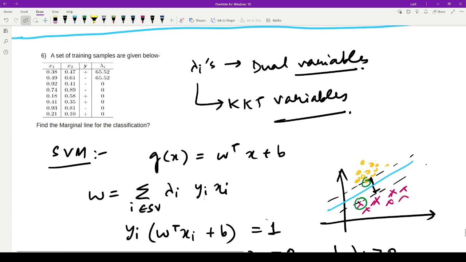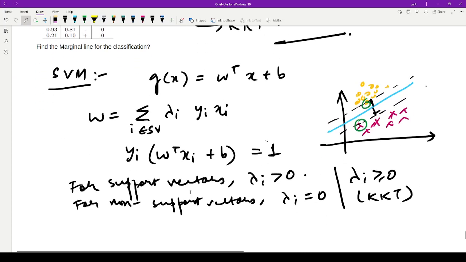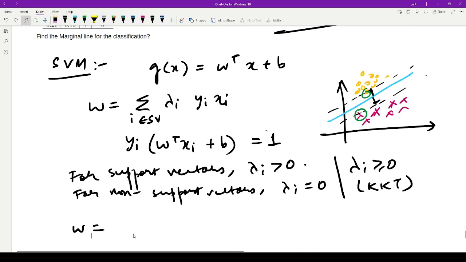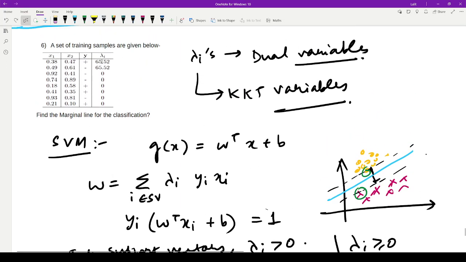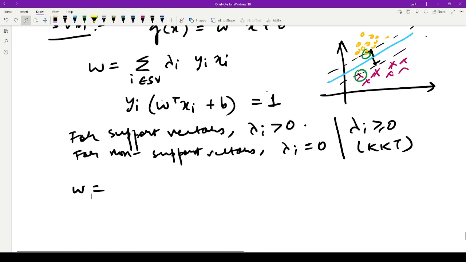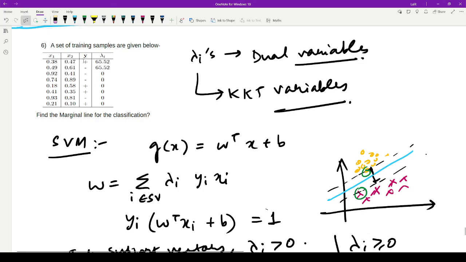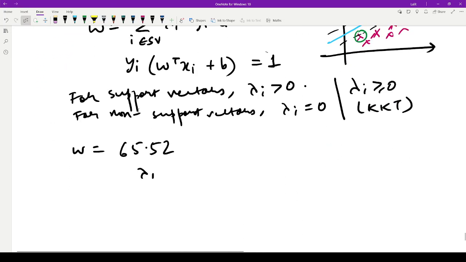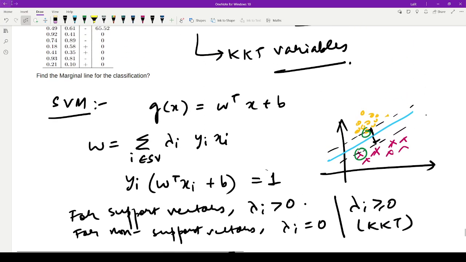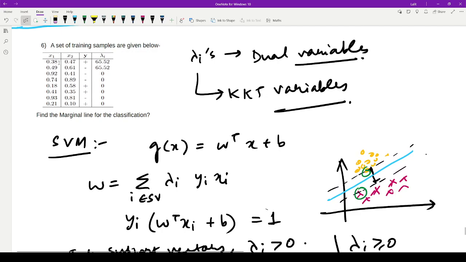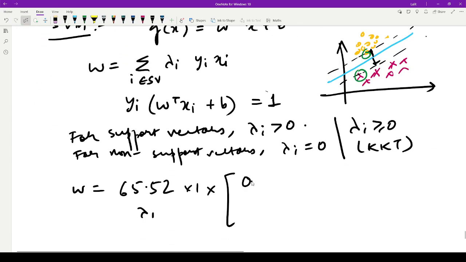What we need to do is simply replace values for W. I'll remove the summation and directly write the values. The lambda is 65.52, this is lambda 1. Now yi is positive, so it is into 1 into this vector, which is 0.38 and 0.47.